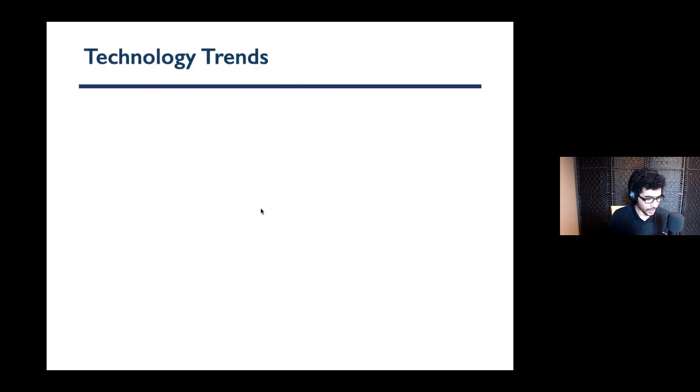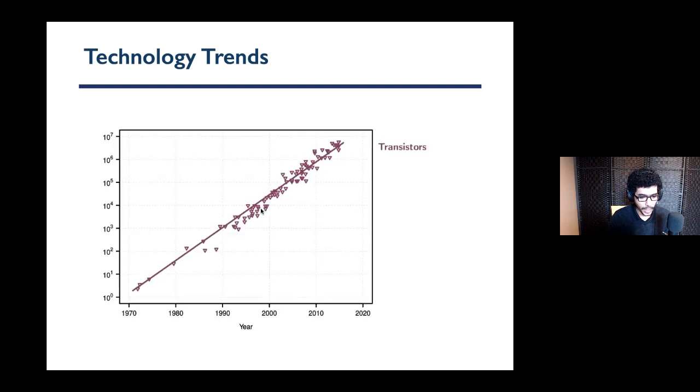So let's start with hardware technology trends. For years, we have been doubling the number of transistors on our single chips. This is called Moore's law, and it has been explaining the trend since almost 1965.